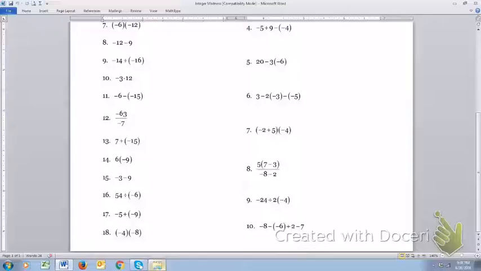Now, on number 8, whenever you're working with a fraction, you basically will simplify the numerator, simplify the denominator, and then divide, or simplify the fraction. In fact, if you were to put this in your calculator and you did the whole thing in the calculator, it would look like this.